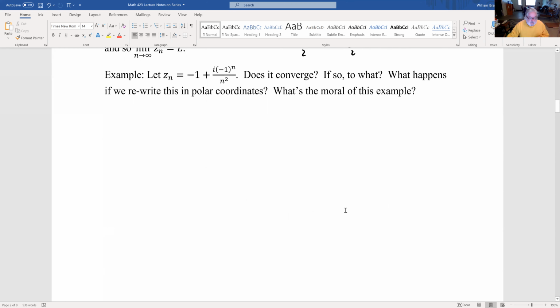So here's an example. And the moral of this example is that polar coordinates are tricky, and we've seen this about a billion times. So Z sub n is this.